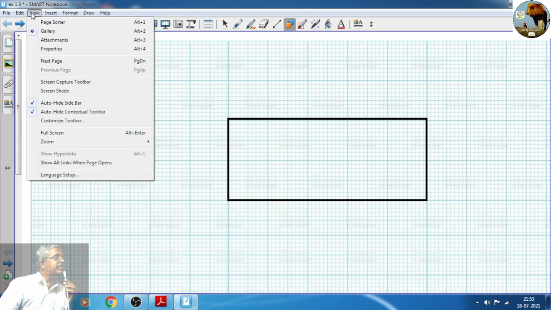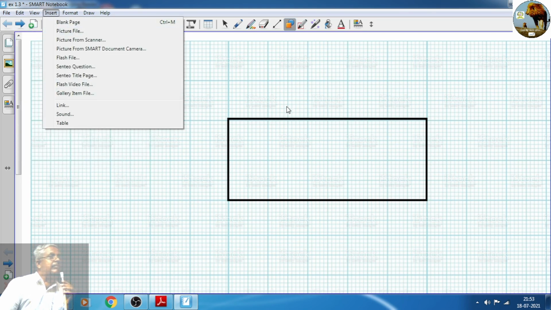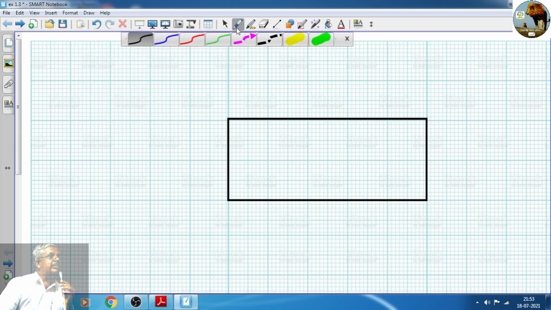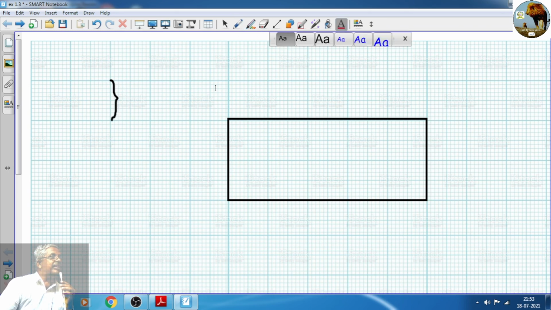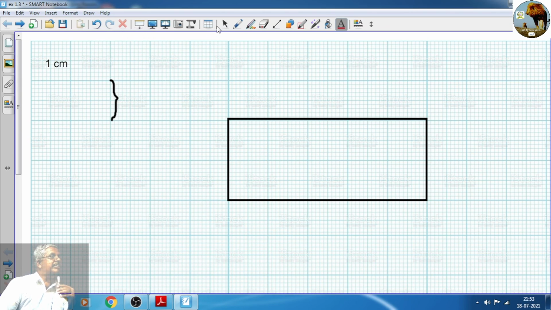Okay, I will come back to that a little bit later, but what I am trying to tell you is, if I take this pencil and make a bracket over here, this bracket or this size is going to be 1 centimeter.